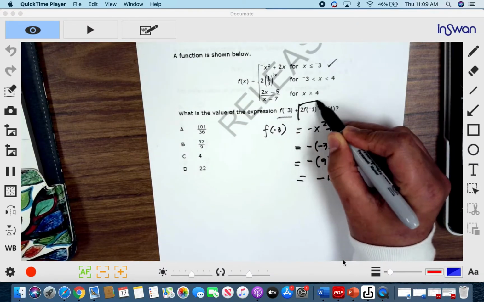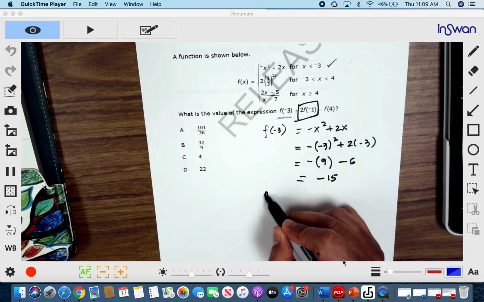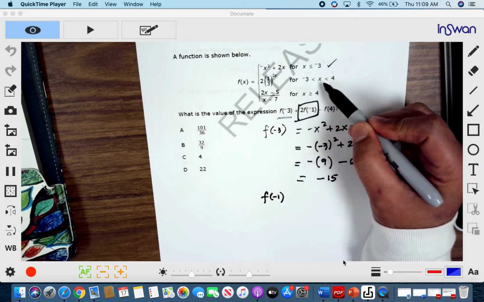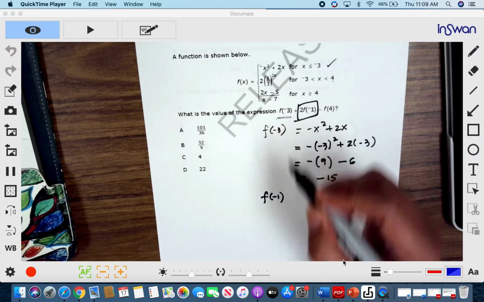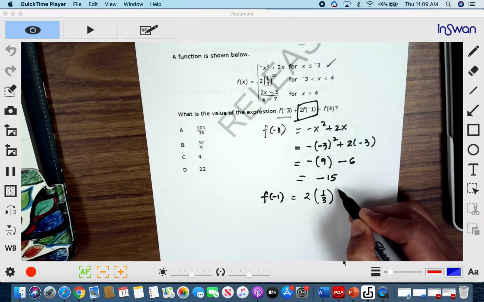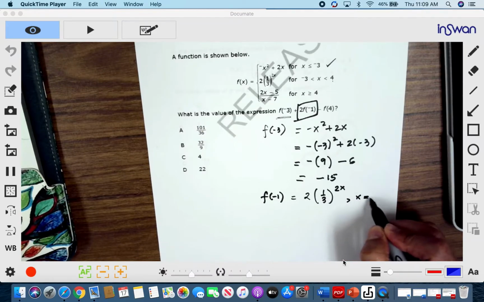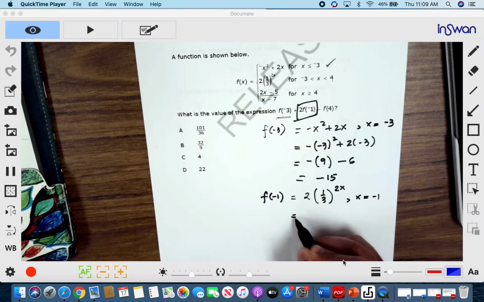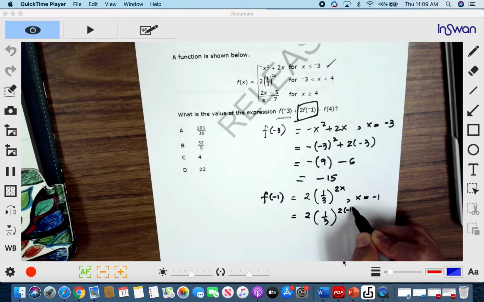Now we will find the value of twice f(-1). We first find f(-1). And -1 is in between -3 and +4, so we need to make use of (1/3) raised to 2x, and our x is -1. Plug in the value, that's 2 times (1/3) raised to 2 times -1.